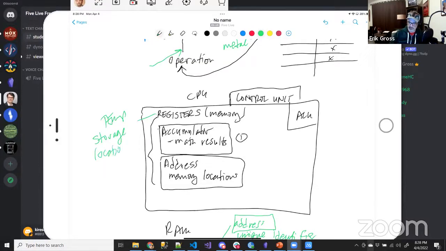That's what they are. One of them we already talked about. It's this accumulator. That's where we store math results until we need to use them somewhere else or send them somewhere. And the other one is an address register, and it stores memory locations. Now, there's only 2 types of things we want. We either need to locate some data, or we need to get an instruction.